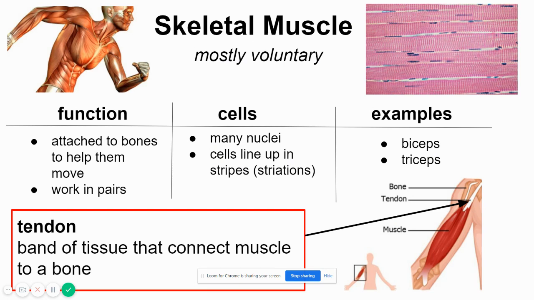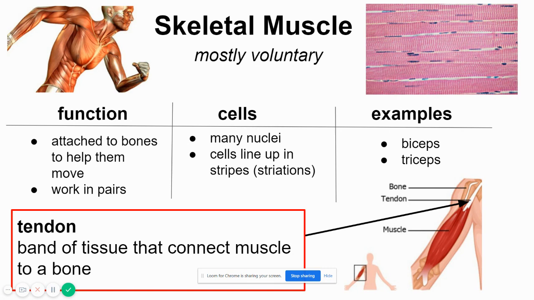To start, skeletal muscles, these are going to be voluntary muscles. Their job is to help you move your bones, okay? So when I am reaching out to do something or I'm walking, I am using skeletal muscles to do so. They work in pairs. So a good example of this is in your upper arm.